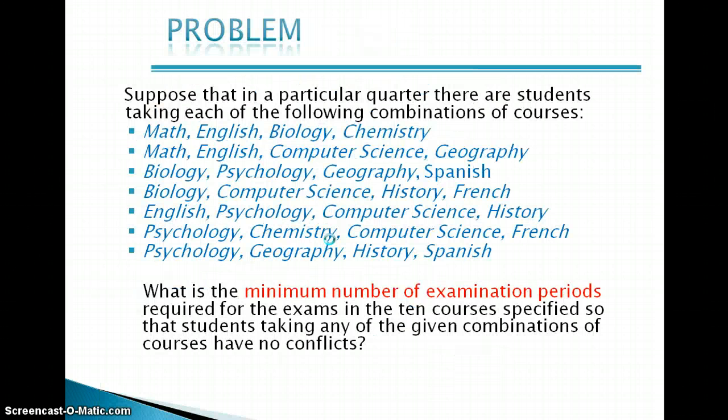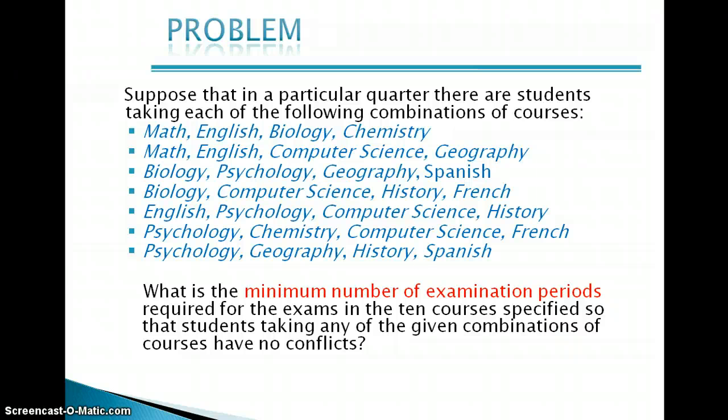Now consider a real life problem: we have to make a routine for exams in a school, where students take different combinations of subjects. Suppose math, English, biology, chemistry, computer science, geography.